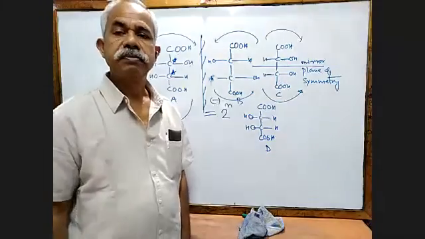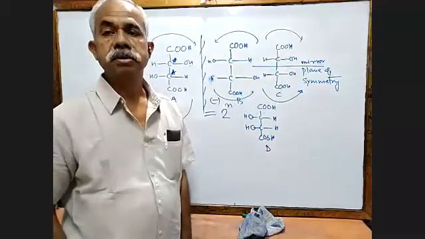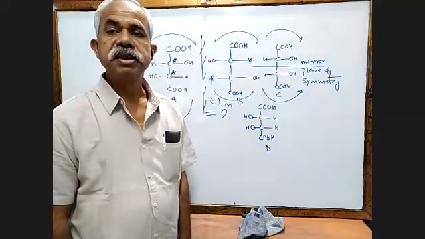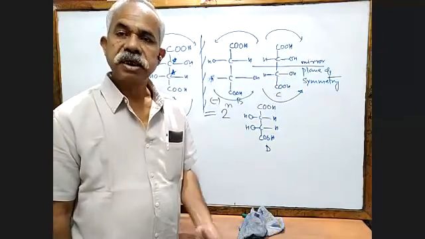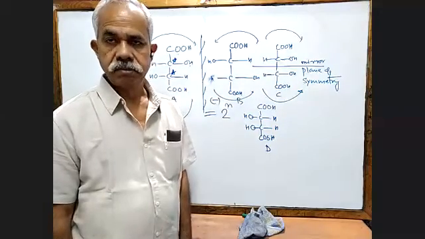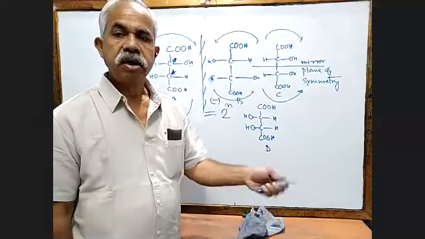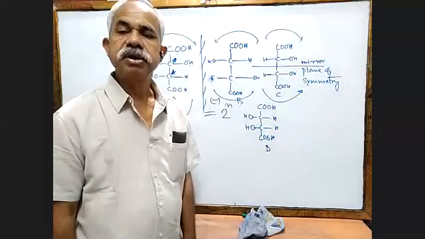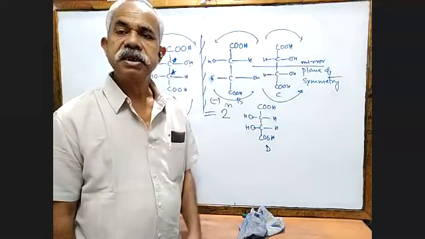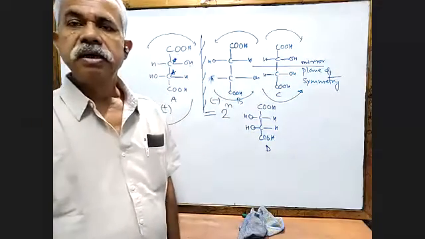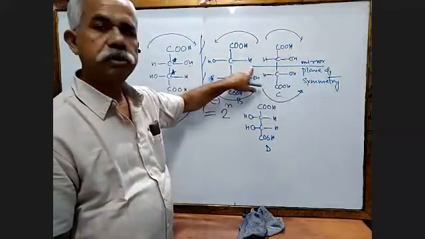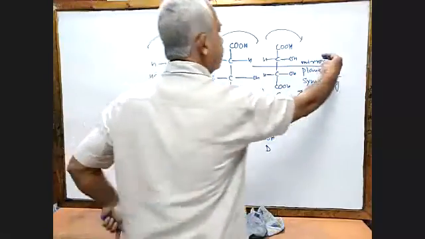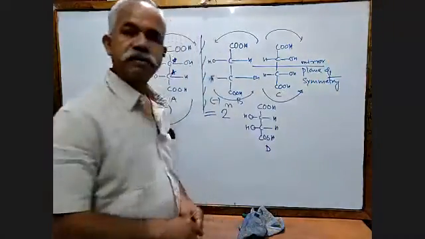And it can contain an axis of symmetry. Then what is the axis of symmetry? An axis of symmetry is nothing but if you rotate the molecule by a certain angle, and the original and the one after rotation are the same, in that case it has an axis of symmetry. See here, suppose I pass an axis through the middle of the molecule and I rotate it by 180 degrees, what will happen?